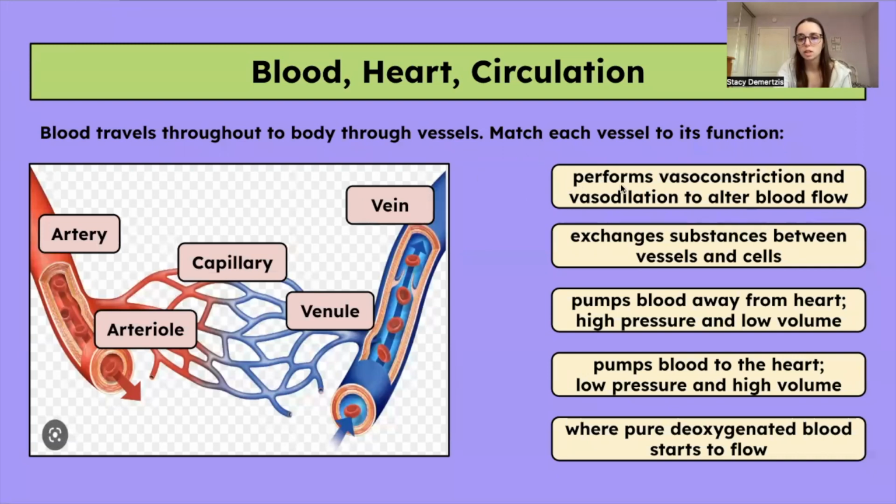Which vessel here performs vasoconstriction and vasodilation to alter blood flow? The arterial, yep. Let's see if I can draw an arrow.